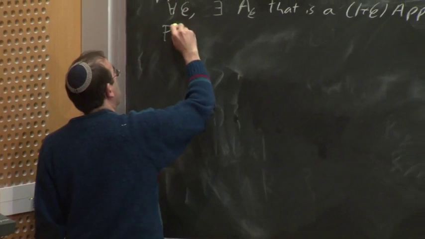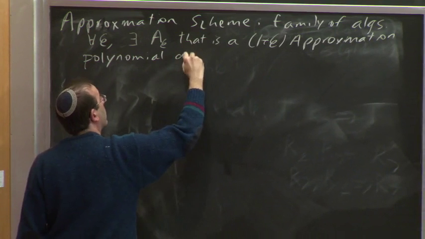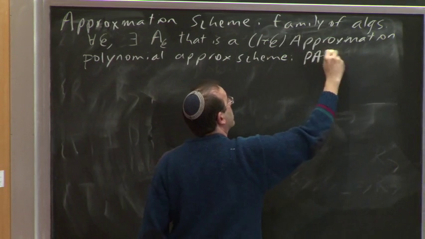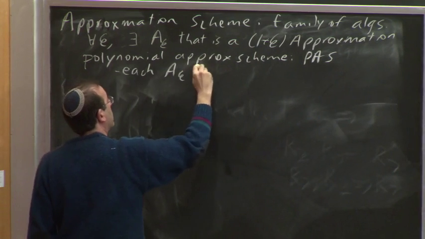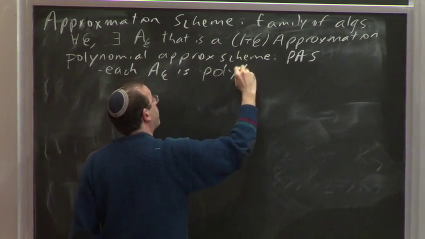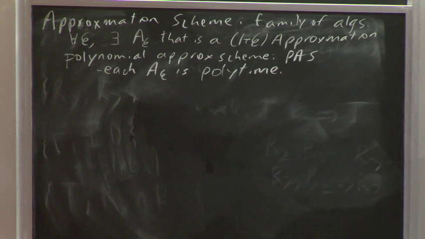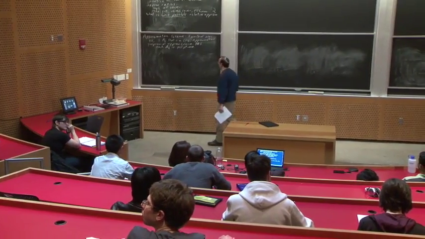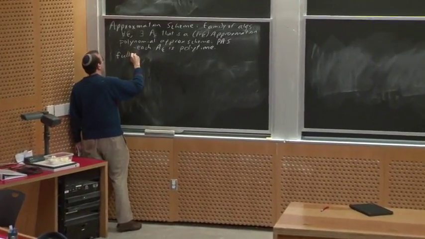Okay, and so there's the natural definition of a polynomial approximation scheme, or a PAS, is one where each A sub epsilon is a polynomial time algorithm. So this is quite a lot better than 2, right? Yes? Does the polytime include the epsilon? A very fair question. So we can demand even more.